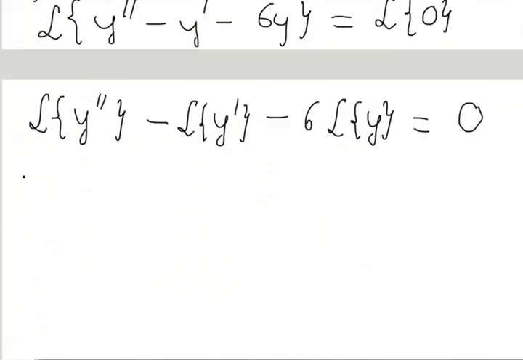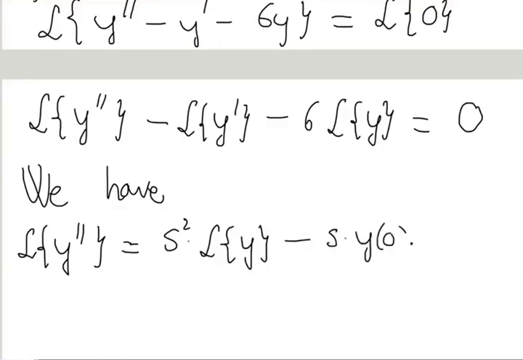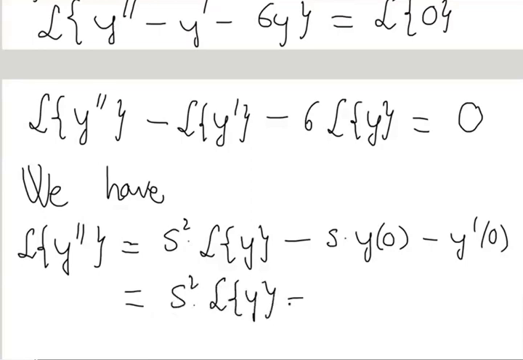We know that the Laplace transform of the second derivative is s squared times the Laplace transform of the function minus s times y(0) minus y prime(0). But from the initial condition, we know what y(0) is.